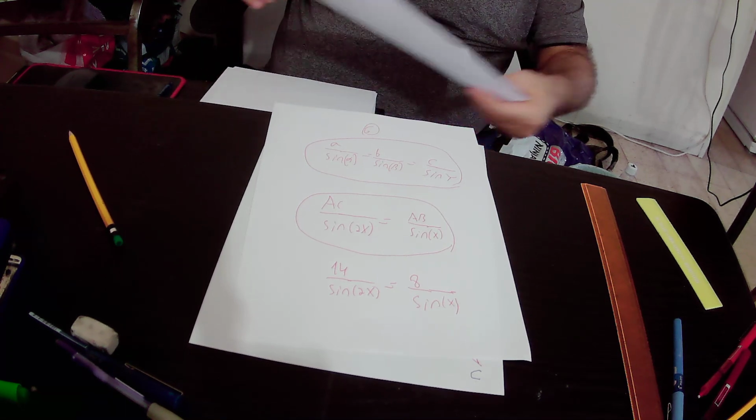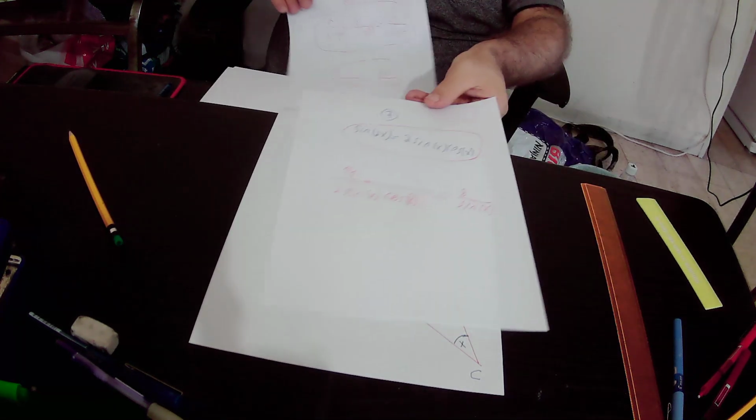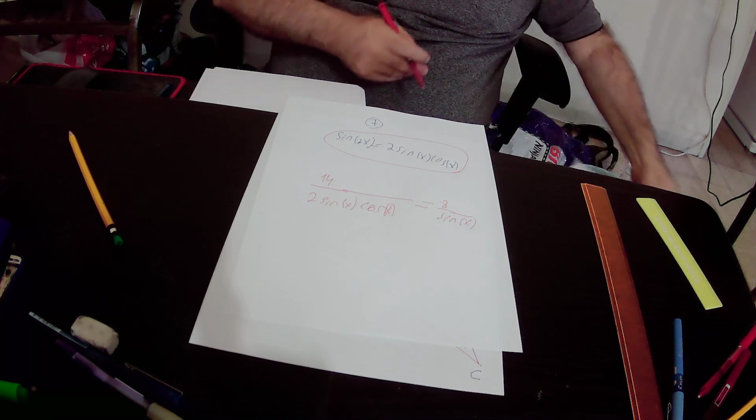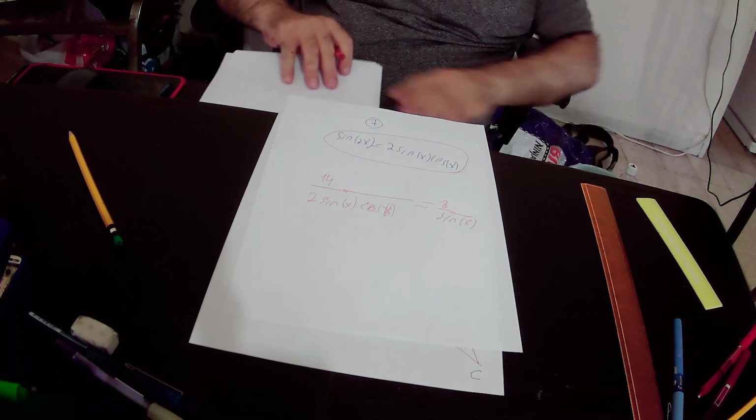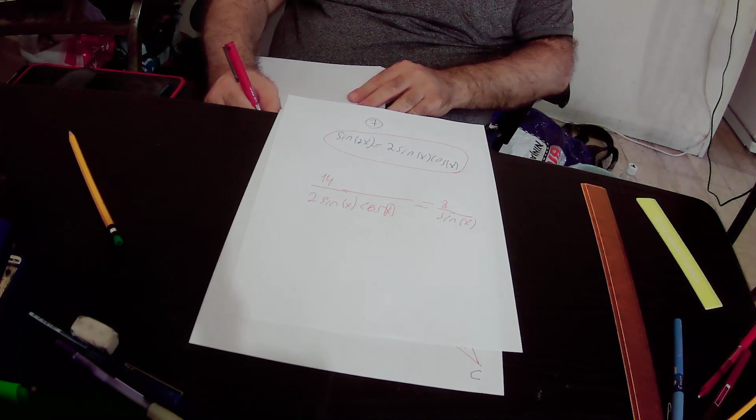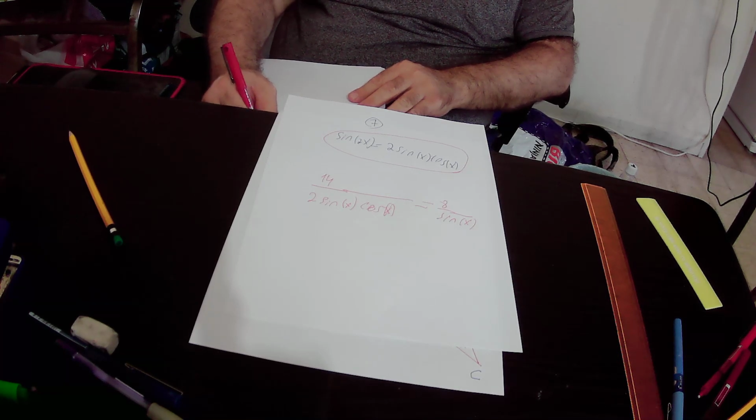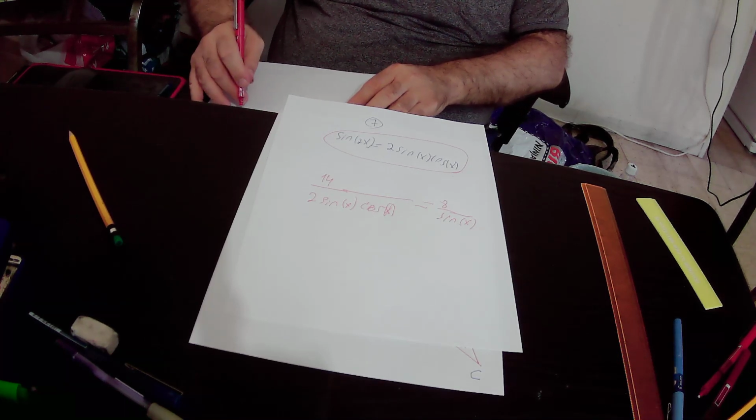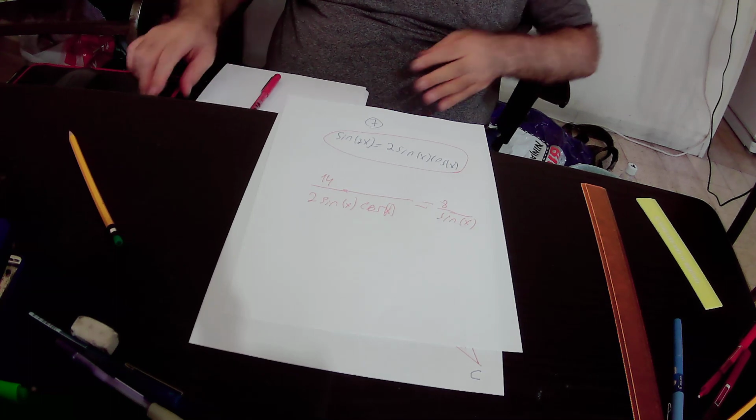Okay, in total we got that 14 over 2 sine x cosine x equals 8 over sine x.